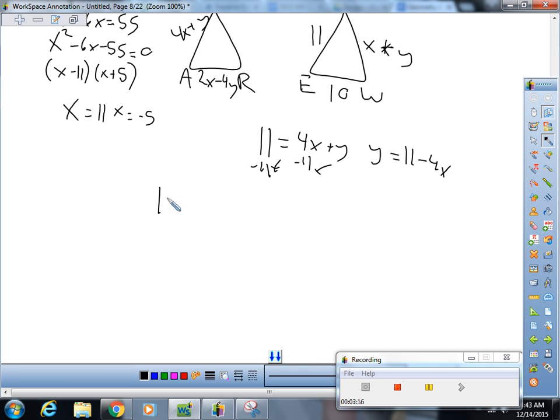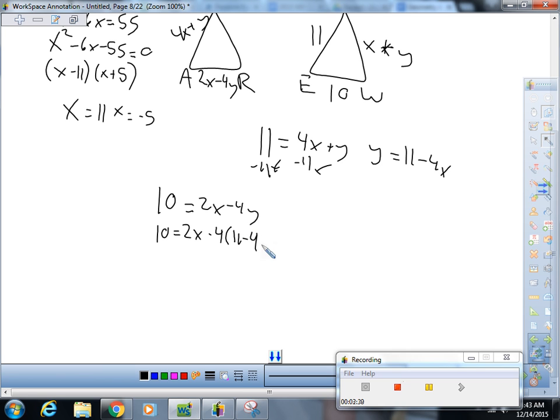So then 10 equals 2x minus 4y, and then plug this in for y, so 10 equals 2x minus 4 times 11 minus 4x. 10 equals 2x minus 44 plus 16x. You get 54 equals 18x, and then 3 equals x.